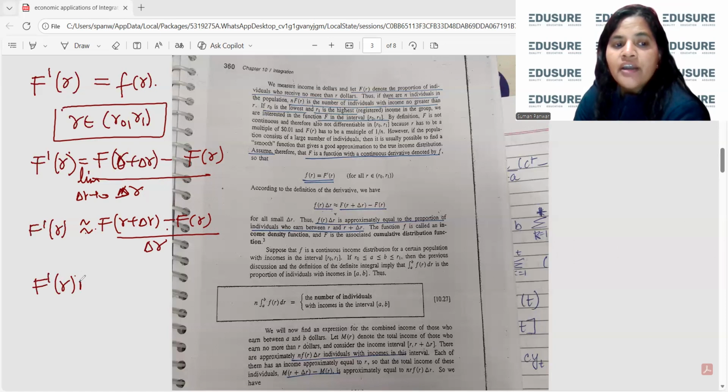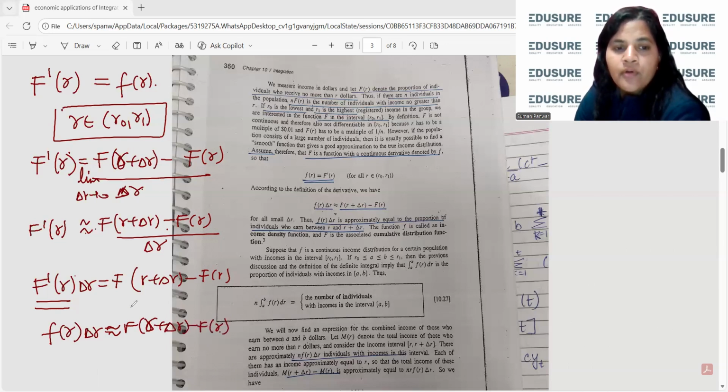So F'(r)Δr is approximately F(r + Δr) − F(r). Now what is F'(r)? Small f(r). Small f(r)Δr is approximately equal to capital F(r + Δr) − capital F(r).